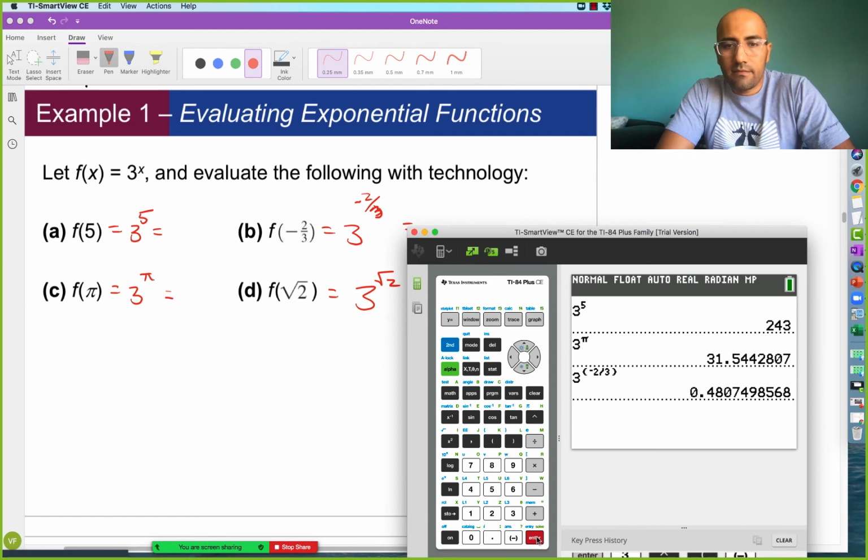Let me get that. And then 3 to the power of, parentheses, and now we have the square root of 2. We can use this little square root value right in here. So square root of 2, close parentheses.